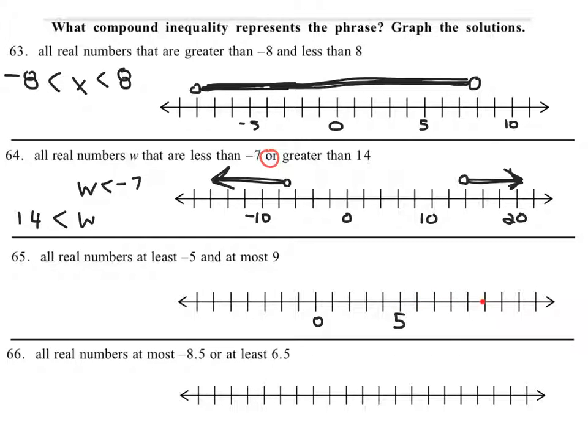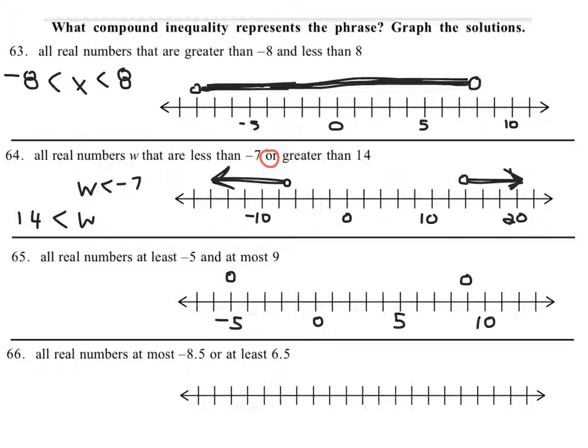And 6, 7, 8, 9, 10. That's 10. And I'm going to go the other way as well from 0. This is -1, -2, -3, -4, -5 right there. Okay, you see because of the numbers that they gave us that we have endpoints at -5 and at 9. We'll determine whether we fill them in in a second.